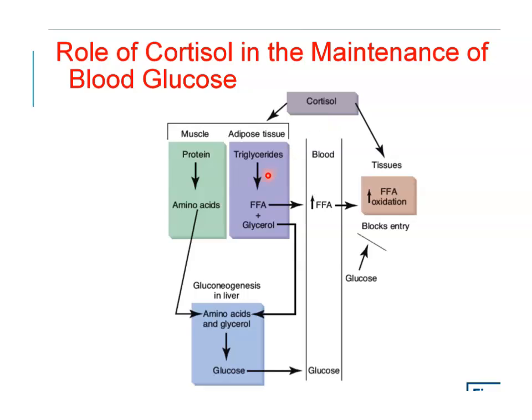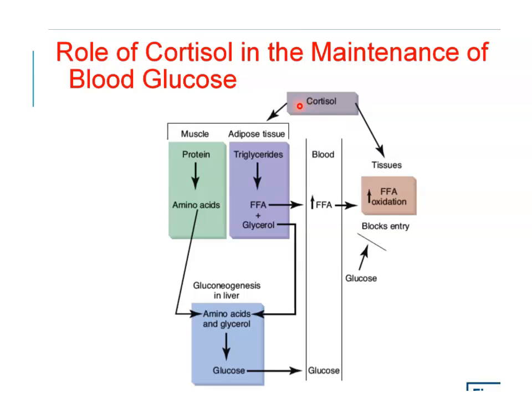Cortisol acts on adipocytes or adipose tissues and increases the lipolysis, that is breakdown of triglycerides into free fatty acids and glycerol. These free fatty acids, which are released into the blood circulation, will be utilized for energy production in other tissues. So mainly energy will be coming from fats instead of glucose. So glucose will be spared.